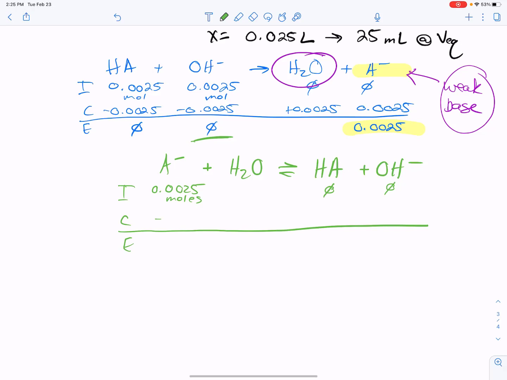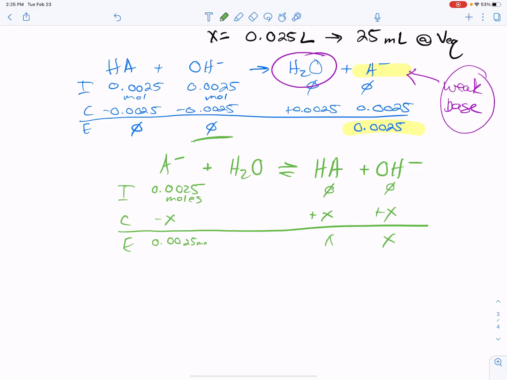And then we're going to subtract x, add x, and add x. And this is where I was talking about how x is now your hydroxide ion concentration. And your formal concentration is related to your number of moles of your A minus.